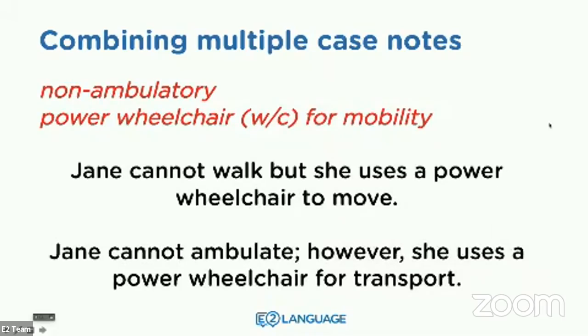So it might say something like this: Jane cannot walk, but she uses a power wheelchair to move, okay? Compound sentence. Or Jane cannot ambulate, however, she uses a power wheelchair for transport. Okay, I could have said Jane is non-ambulatory, but I guess that would be fine.